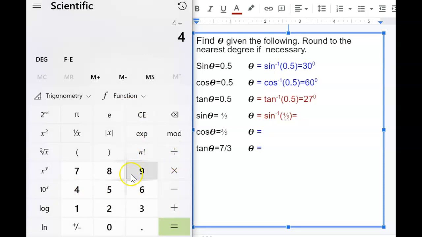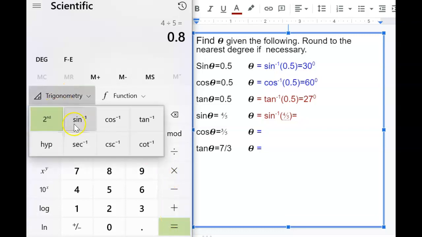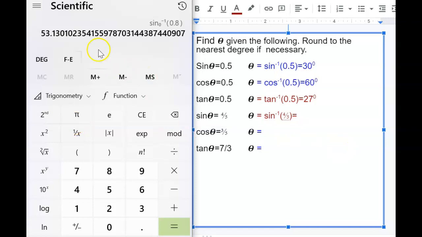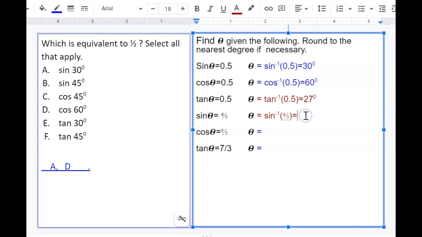So you have 4 divided by 5 equals, now we look for sine inverse of that. Trigonometry, second function, sine inverse. That is 53.1. Since we have the 1 there, we just leave our answer as 53. So that'll be 53 degrees.